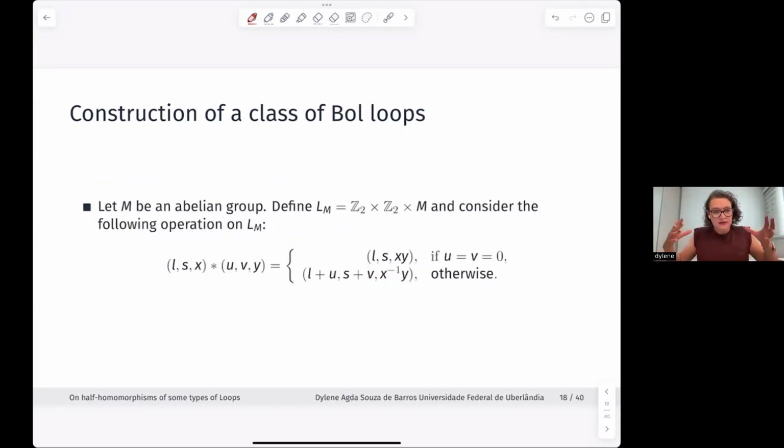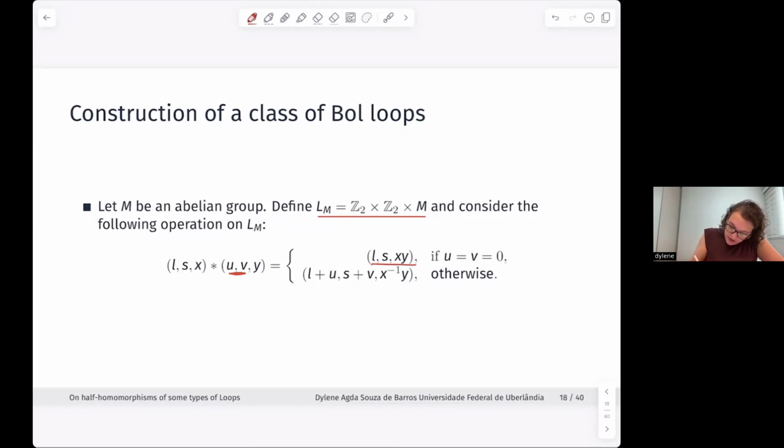So take M, an abelian group. We define L_M as Z2, Z2, M, the direct product. And we define the following operation, okay? If these two components are equal to 0 in this right factor, we just use the direct product.